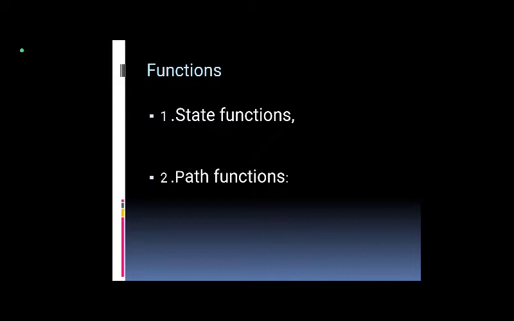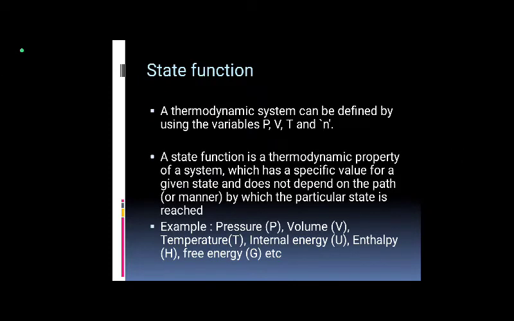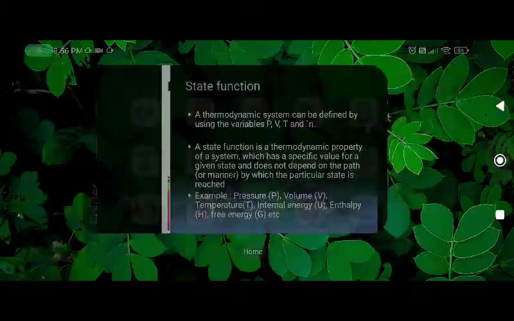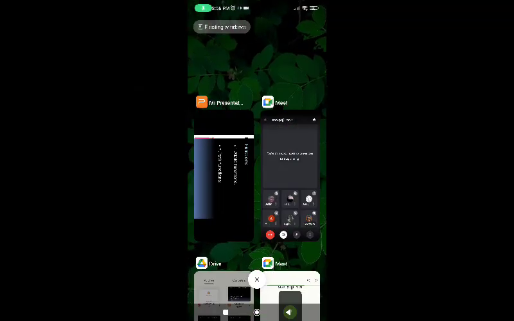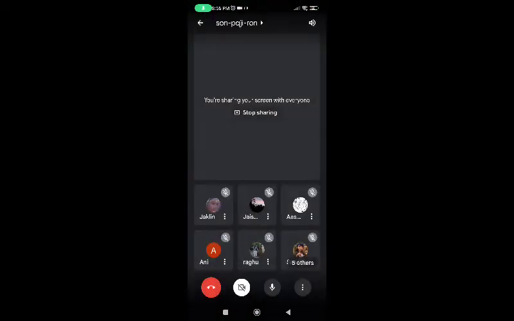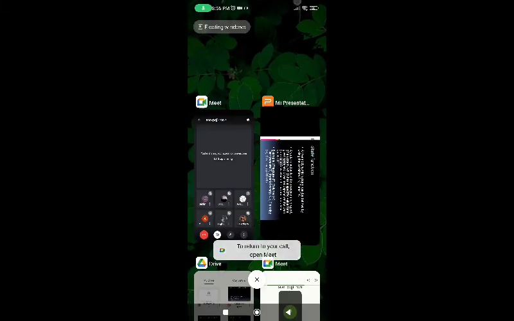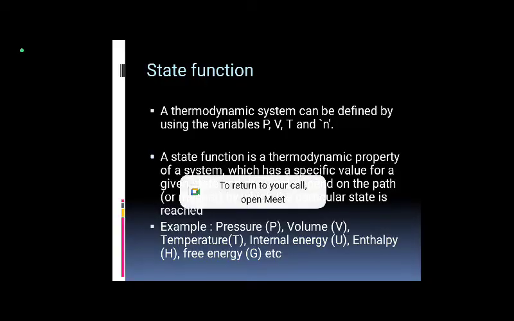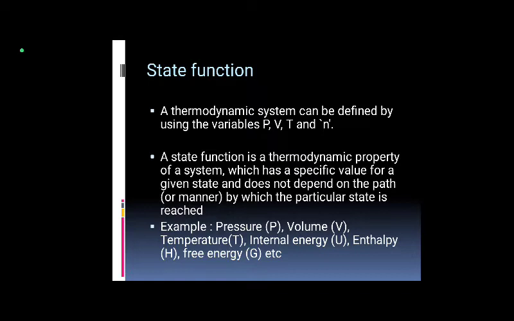Next we saw functions. Two types of functions, state functions and path functions. So what is a state function? A thermodynamic system can be defined by using variables like pressure, volume, temperature and number of moles, right?